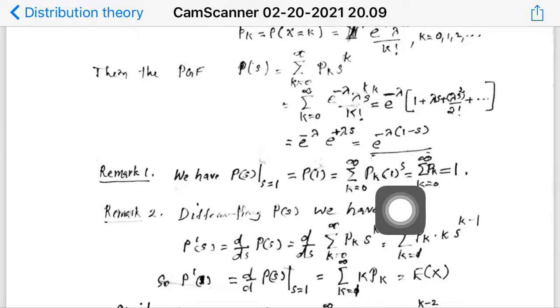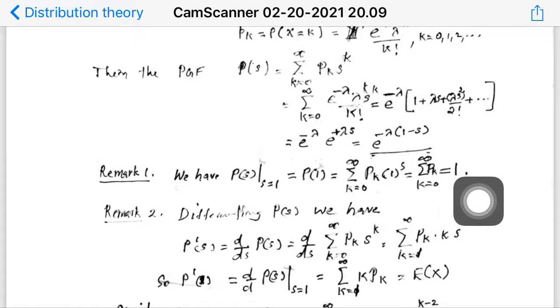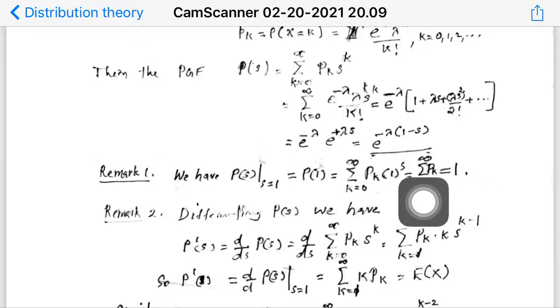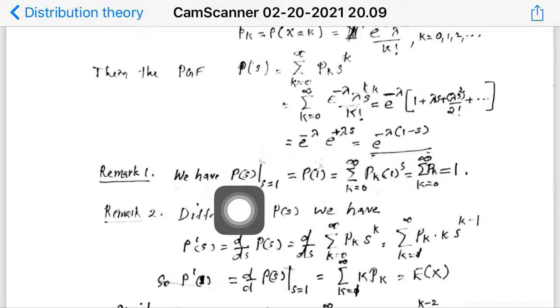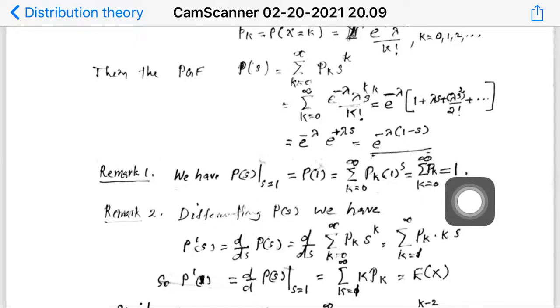I made a mistake here: this is not 1 to the power of s, but it is 1 to the power of k. It is equal to summation k equal to 0 to infinity p_k, which equals 1. So the probability generating function evaluated at s equal to 1 is 1, and you can take this as a property of the PGF. It is a very fundamental property of the probability generating function.